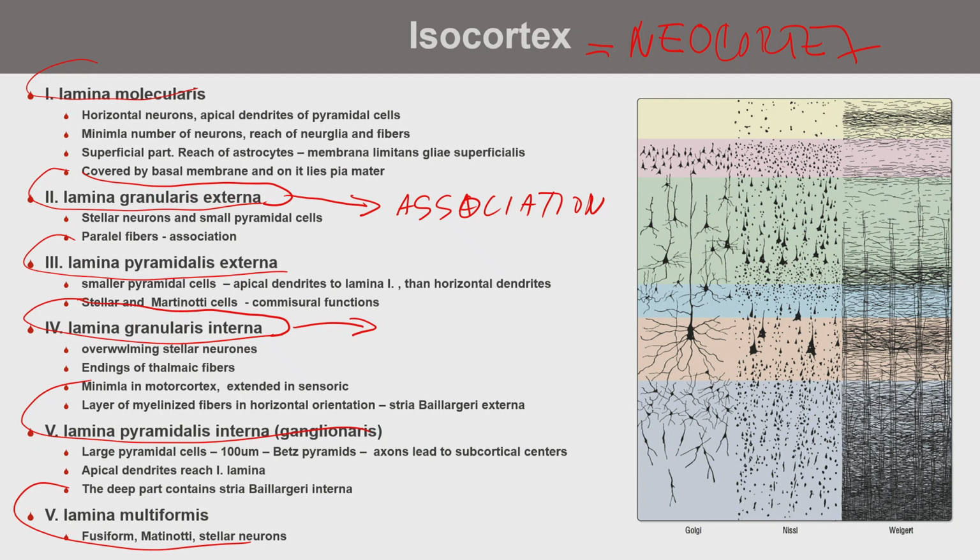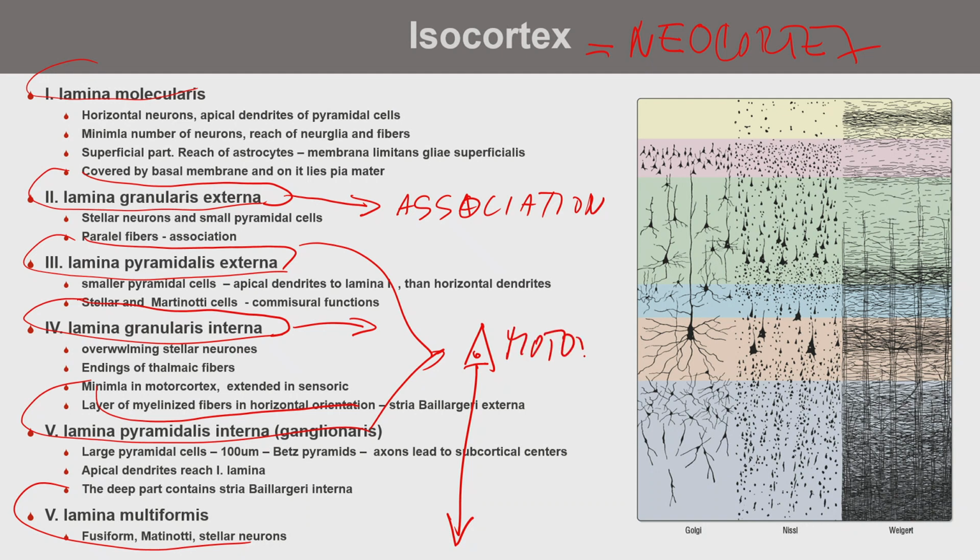The layers which are called pyramidal, they are 2 again. They have pyramidal cells, and they have prominent execution functions. So typically motor, but it could be also not only motor.